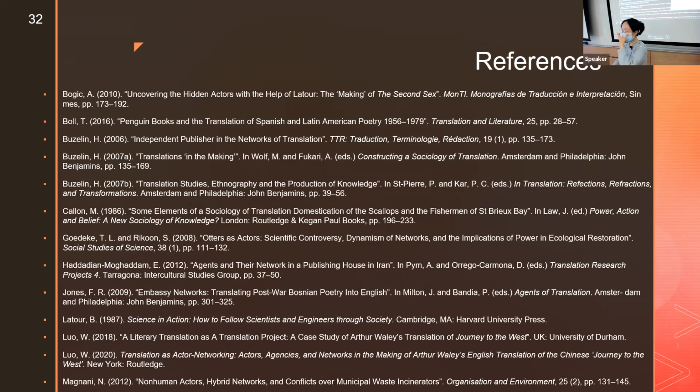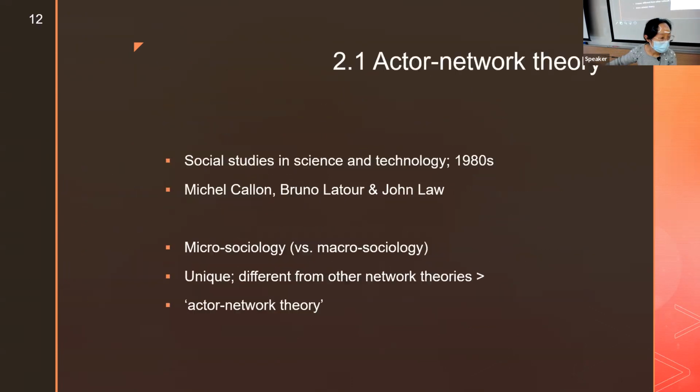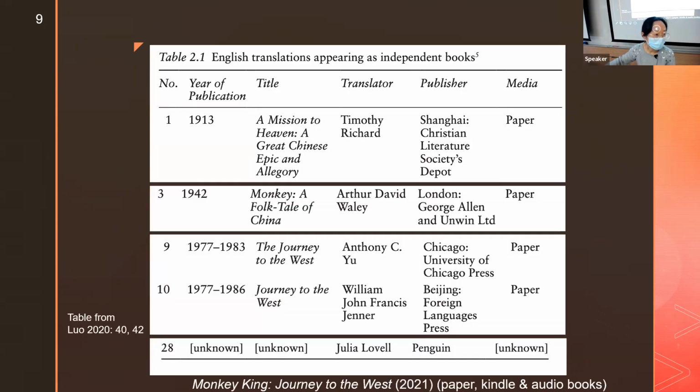he also thought that the previous translators may have had different purposes when they were translating. For example, Timothy Richard's translation, A Mission to Heaven.